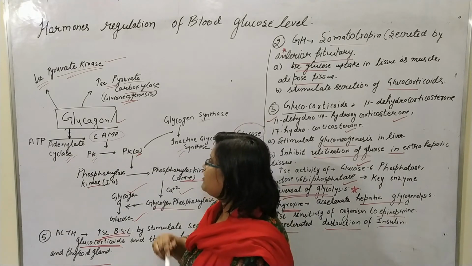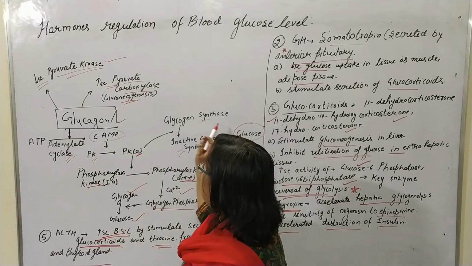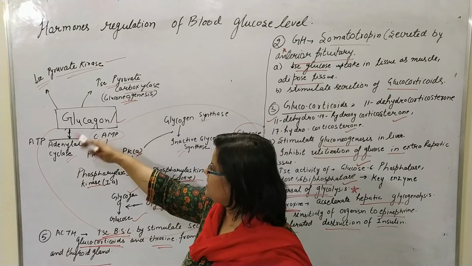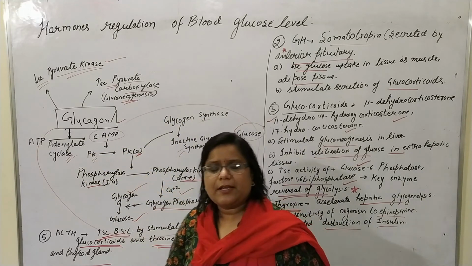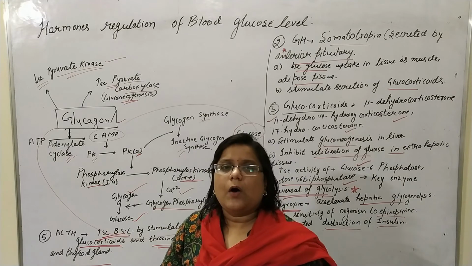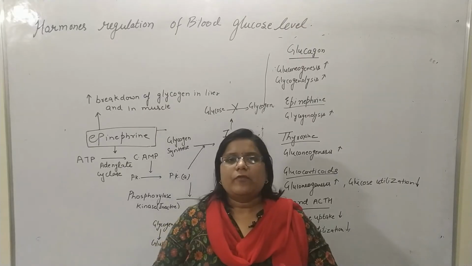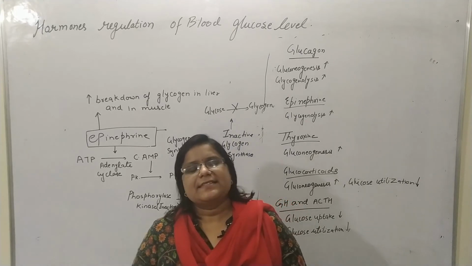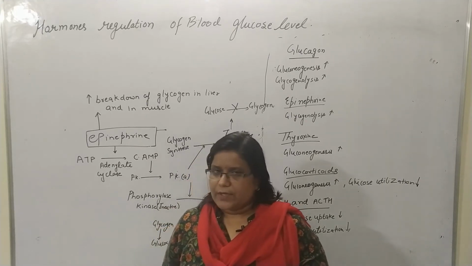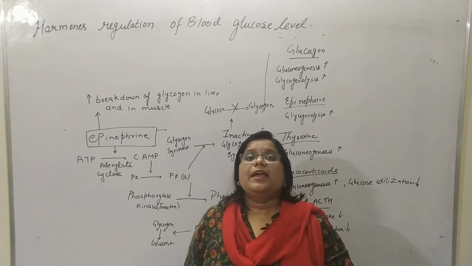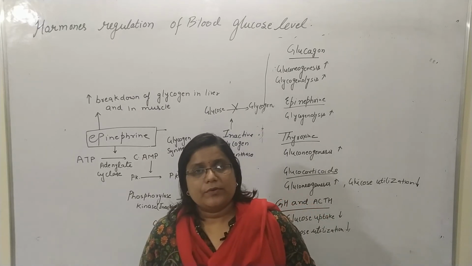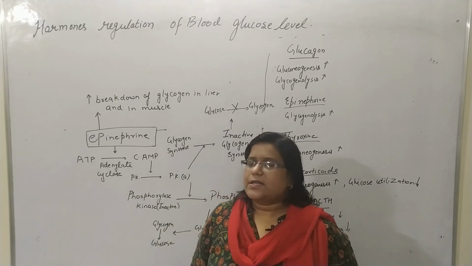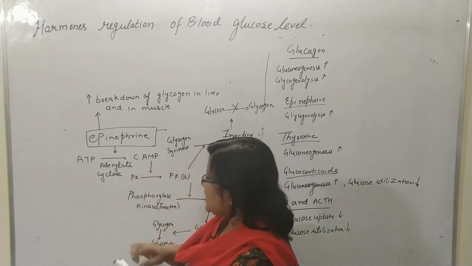Epinephrine is also a hyperglycemic hormone, and one mechanism of the epinephrine is the same as the glucagon. Now we will see how it works. As we have already said, epinephrine has the same mechanism as the glucagon. It increases the glucose level in the blood. How does it work? It increases the cyclic AMP.